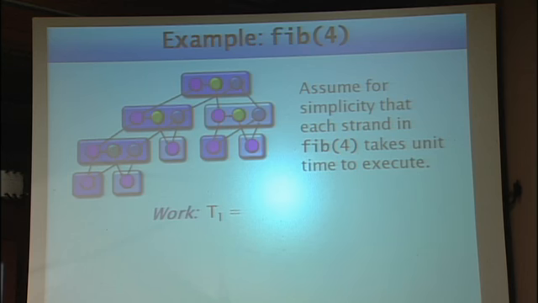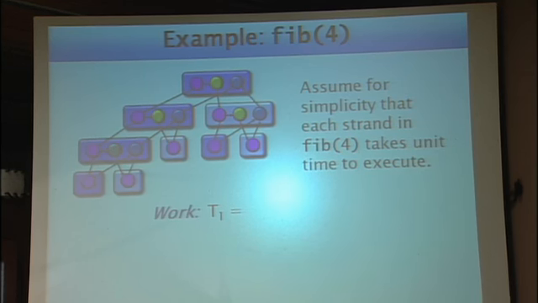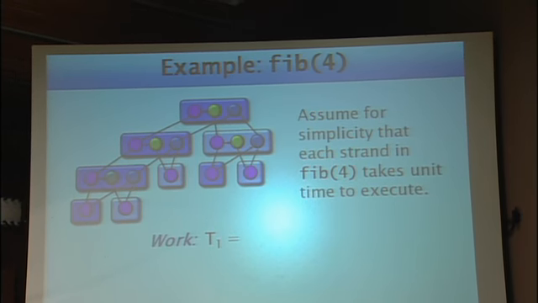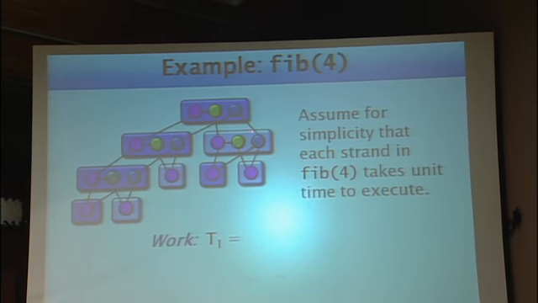Anybody care to hazard a guess? 17, yeah, because there are 4 nodes that have 3 strands plus 5. So 3 times 4 plus 5 is 17. The work is 17.